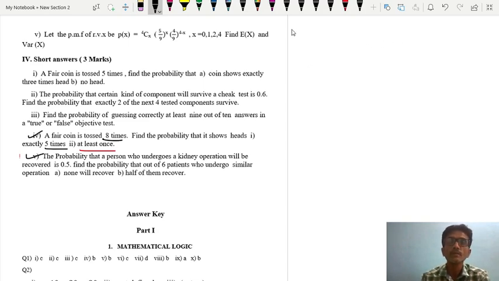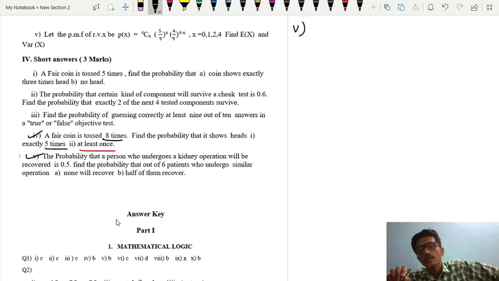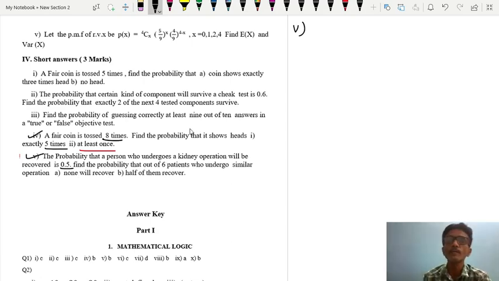Then the next question is question number 5. The probability that a person who undergoes a kidney operation will recover is 0.5.